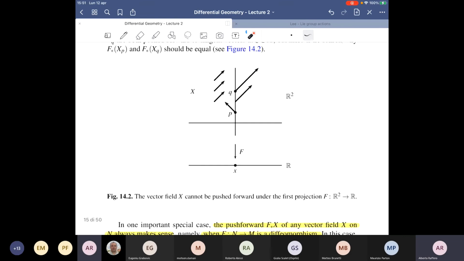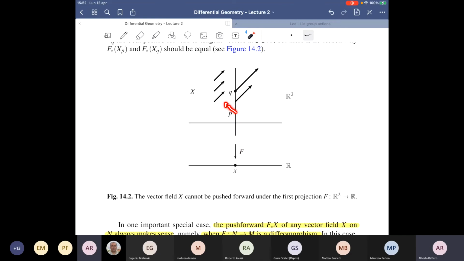And in fact, here you have an example with the projection. So in this case, you have R2, and you have this map here, which is just the projection onto the first component. So it will send a pair x, y, it will be projected just to x. And so as you can see here, you have various points on the y-axis that are all mapped to this point here.